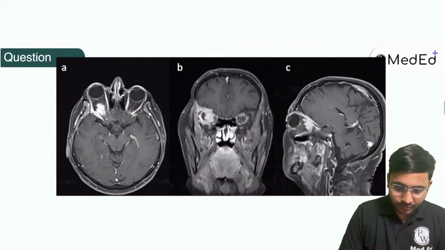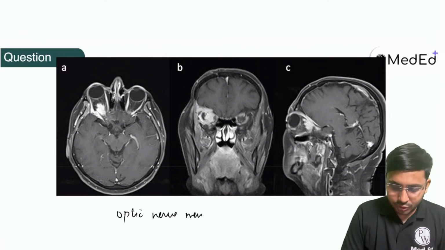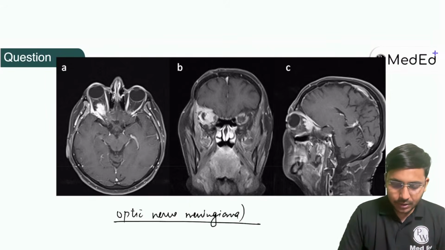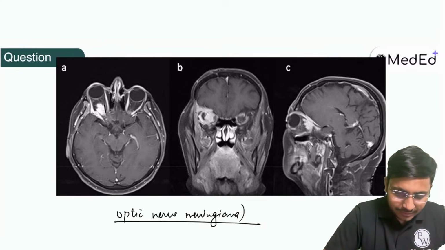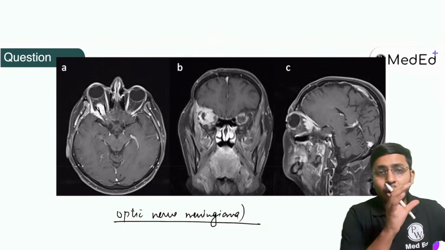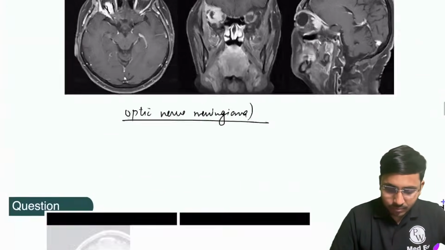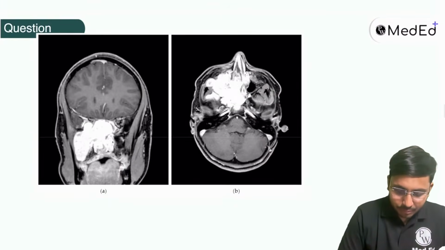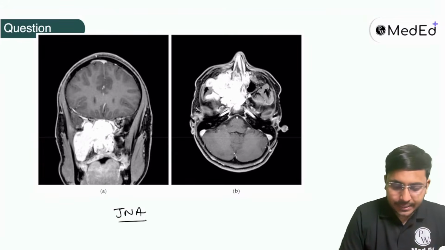So this is a case of optic nerve meningioma, right? You see that the optic nerve has this homogeneously enhancing thickening along it. So this is an optic nerve meningioma, and this is an example of your juvenile nasopharyngeal angiofibroma.